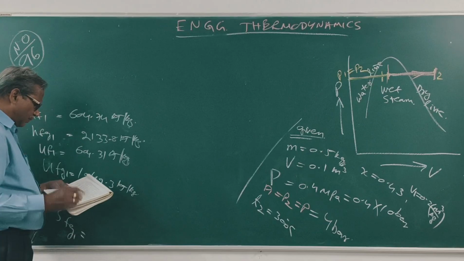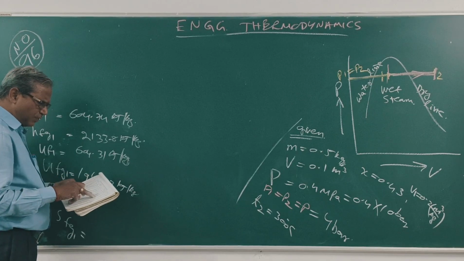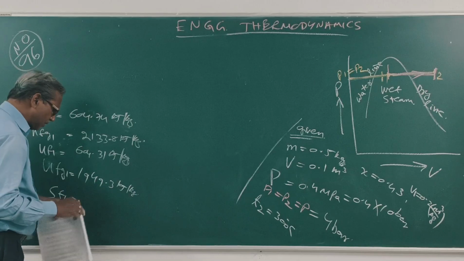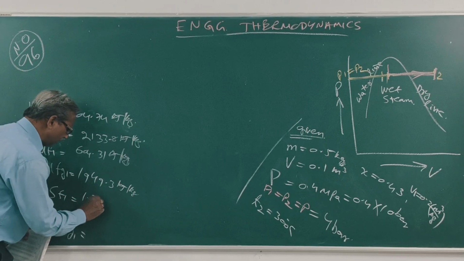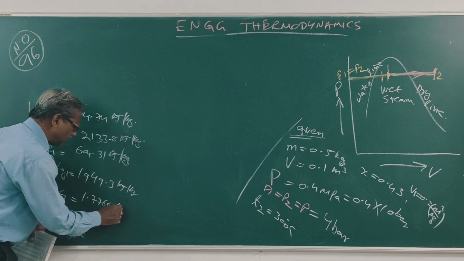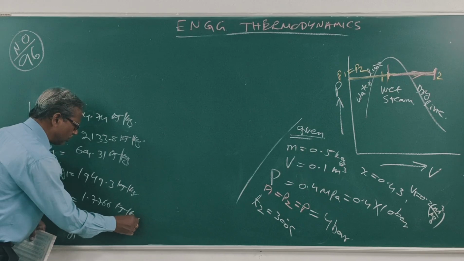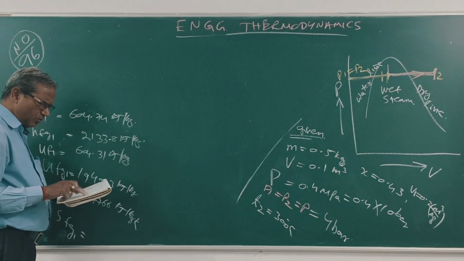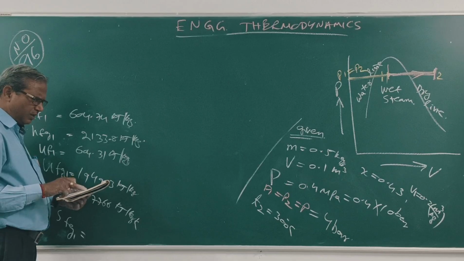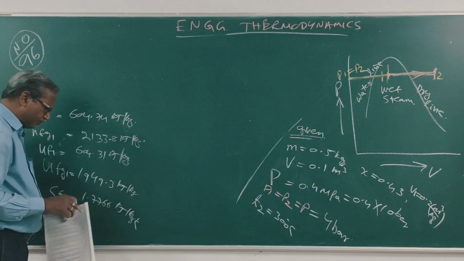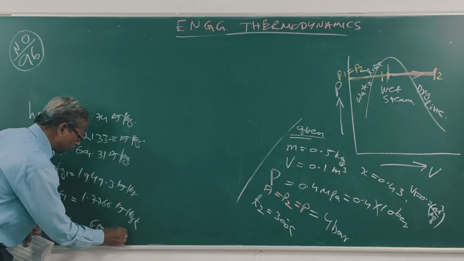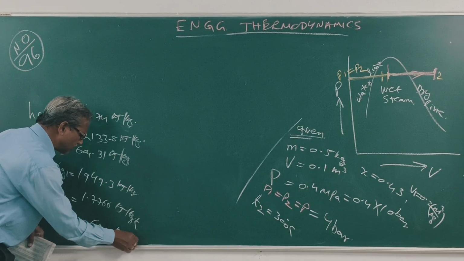Next, SF. SF is equal to 1.7766 kJ per kg Kelvin. SFG is equal to 6.8151 kJ per kg Kelvin.